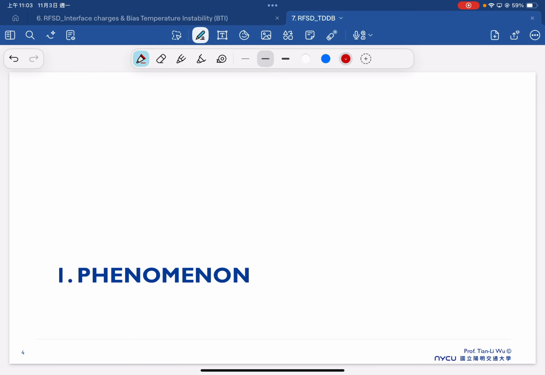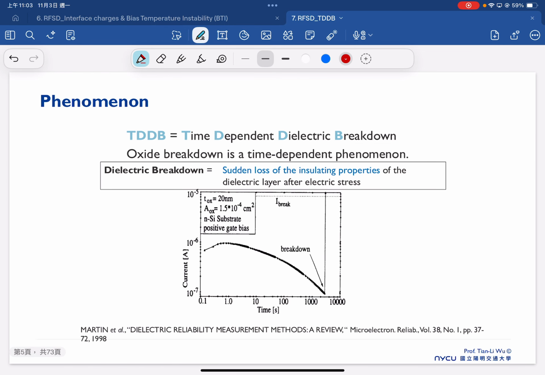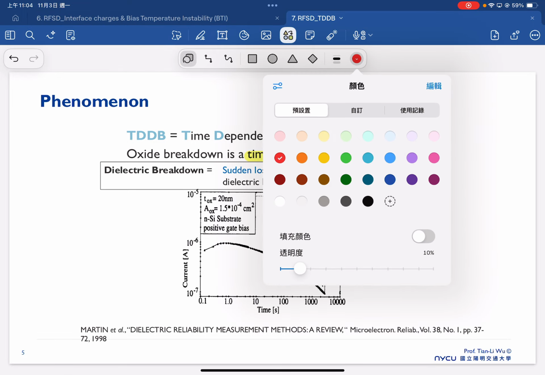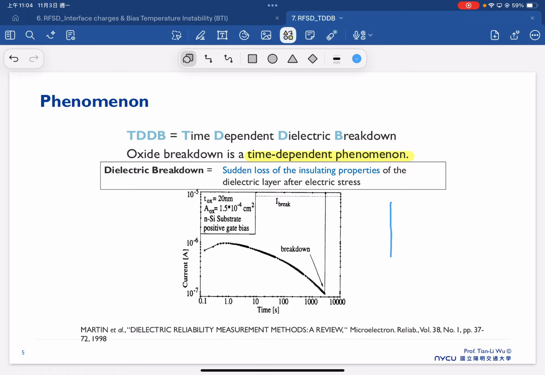So the first one, the phenomenon here. We first have to understand that oxide breakdown is a time-dependent phenomenon. Normally, if we try to characterize our oxide quality, we will have this typical IG-VG characterization.